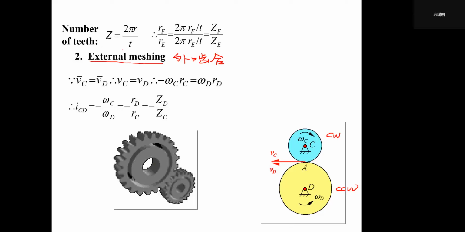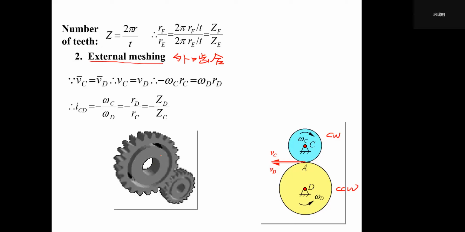So when we talk about inner meshing, the active gear and the passive gear will have the same rotation direction of angular velocity. But when we talk about external meshing, just like these two gears, they will have opposite directions of angular velocity, right?